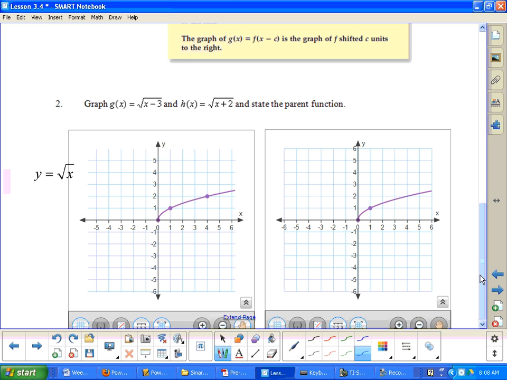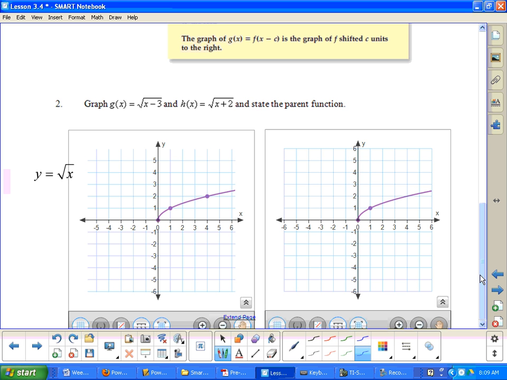If we think about those numbers, then it would be 9 and 3 and so on. Okay. So the square root of x minus 3. This is going to be a horizontal shift because that minus 3 is under the radical. It's not outside of the radical, it's under the radical.